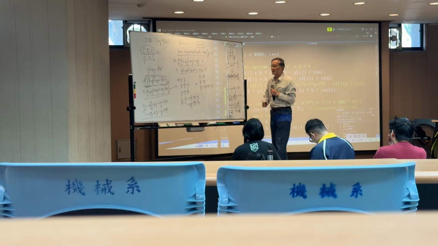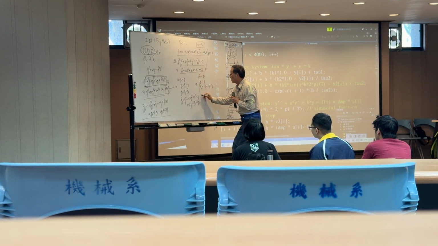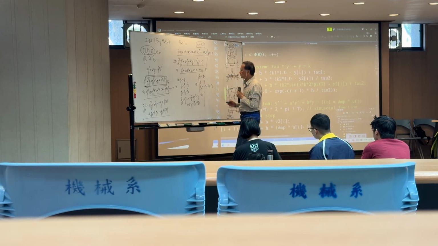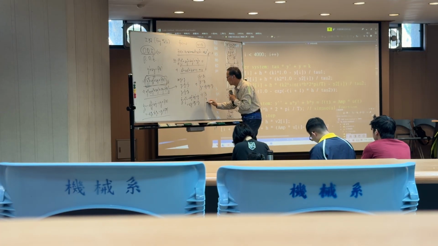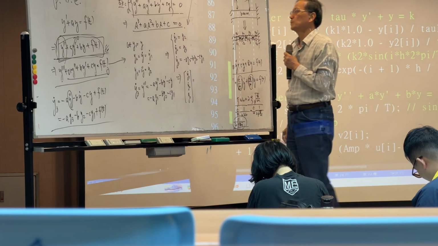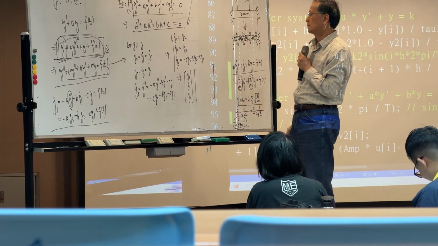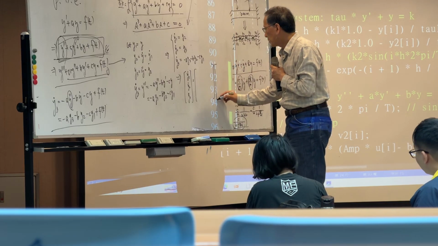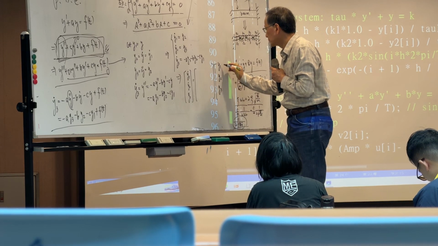Okay? Now, take a look at this. This is important that we have y1 dot, y2 dot, y3 dot. Using this, we put into matrix form. Here's the crucial part. Here is y1, y2, and y3.